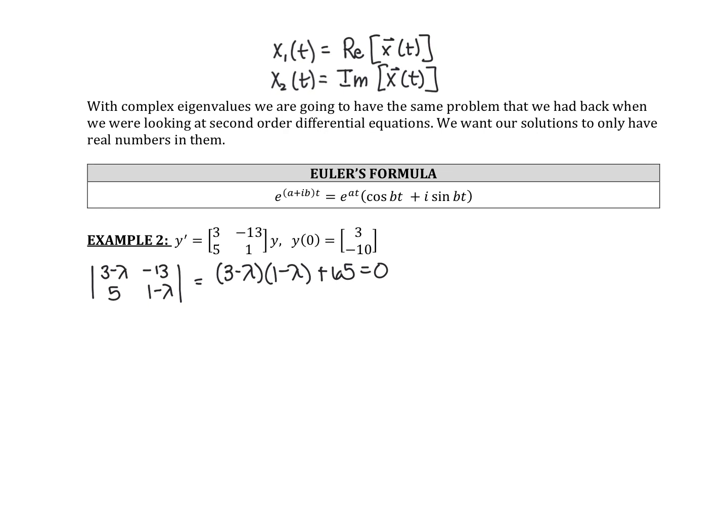So if we FOIL this together, what do we end up with? 3 minus 4. So lambda squared minus 4 lambda plus 3 plus 65, so plus 68 equals 0. I will probably complete the square.